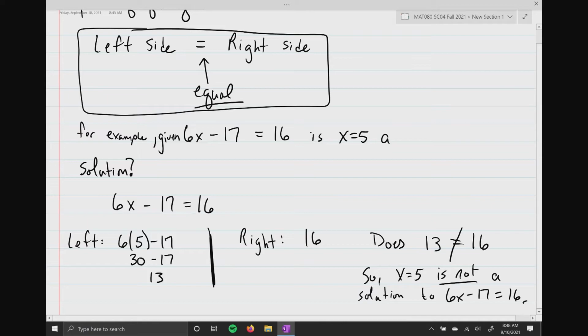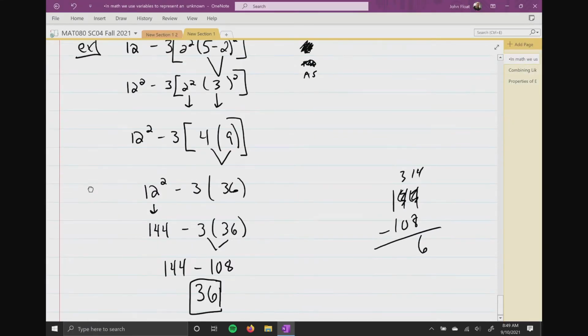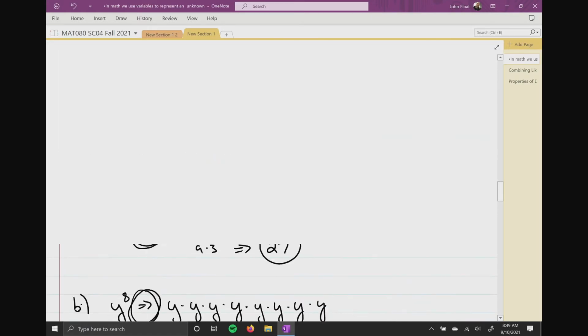All right? So if you think about this, this is very similar to what we did in the previous section, which was, remember the evaluate the expression? Remember me saying that? Here, if you don't remember, let me scroll up.